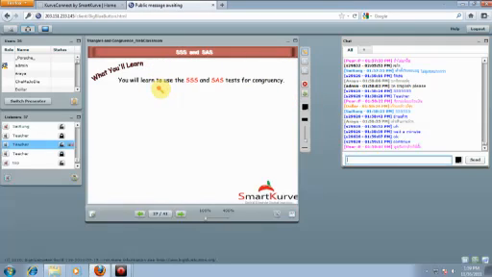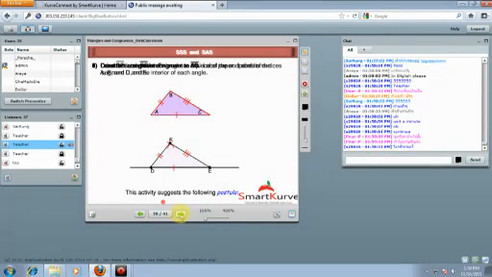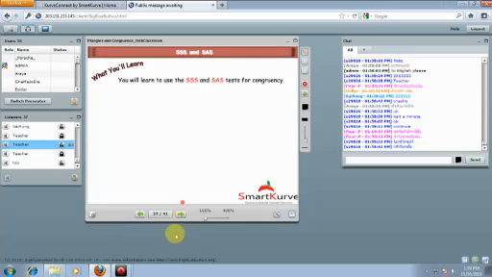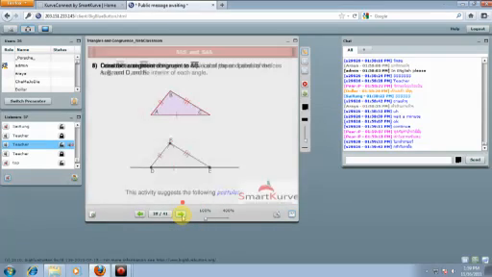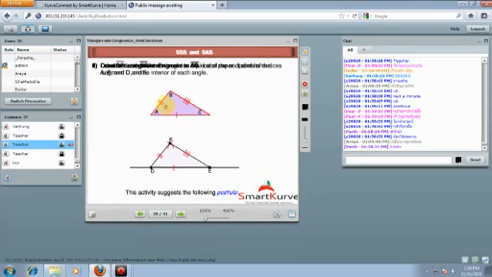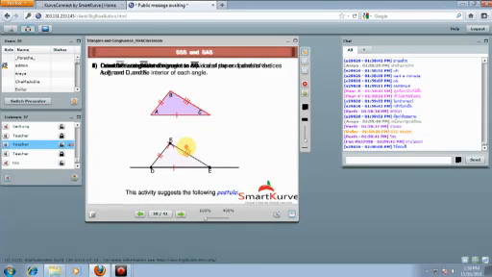Okay, now we are going into SSS and SAS tests for congruency. SSS stands for side, side, side, and SAS stands for side, angle, side. What this means is if we know that all three sides are congruent, then we can say it is a congruent triangle.